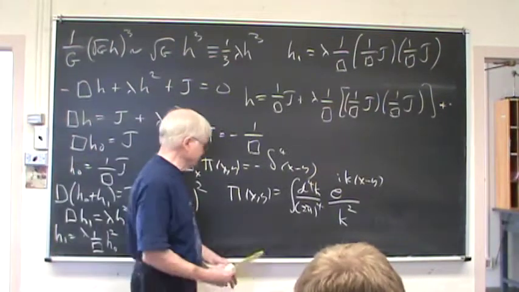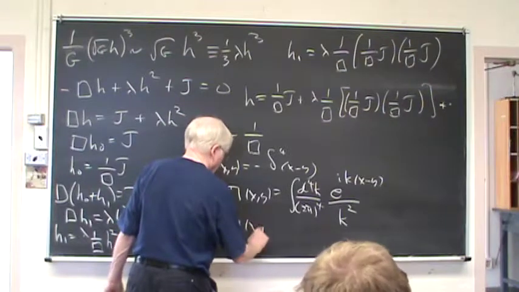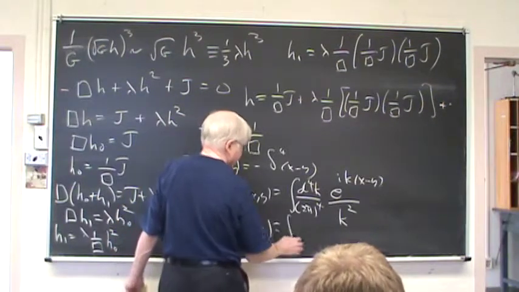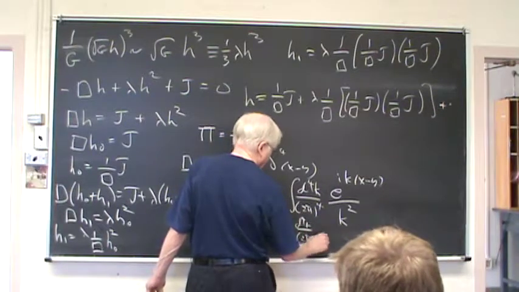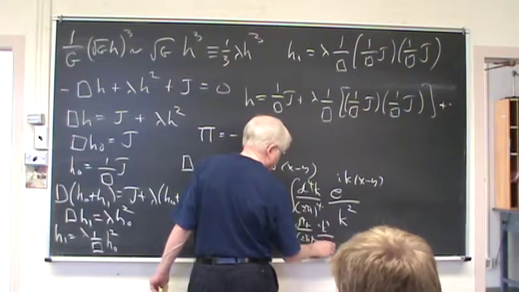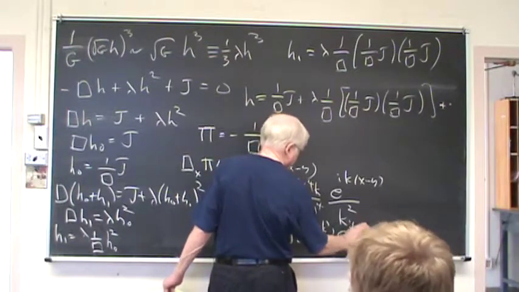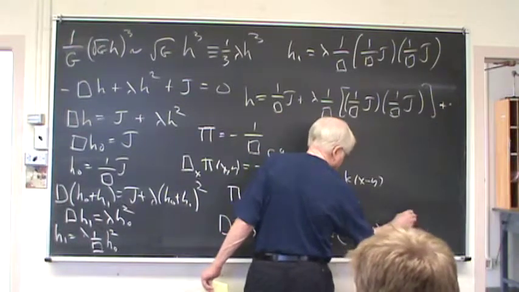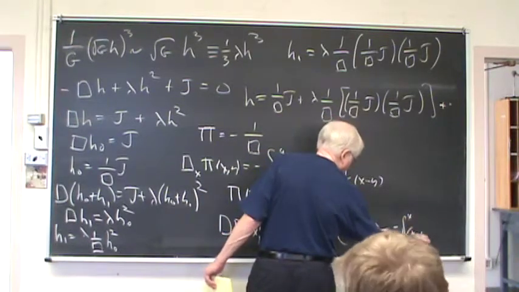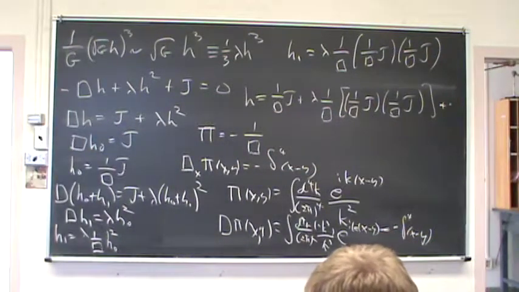So box on pi of x and y gives us an integral d fourth k over 2 pi to the fourth, minus k squared over k squared, so that cancels apart from a minus 1, e to the i k times x minus y, and that's just minus delta 4 of x minus y. Okay, so that's why that's the solution.